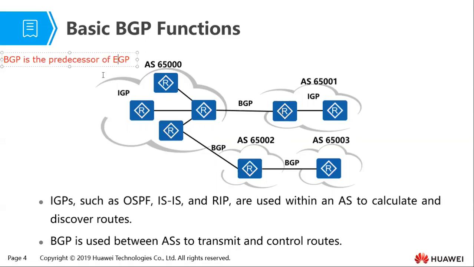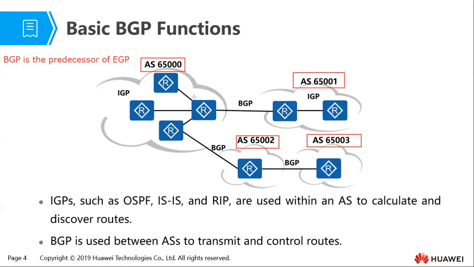EGP is an exterior gateway protocol that was used to share routes between autonomous systems. For example, here we have an autonomous system that has that number there. We have another autonomous system there, another one here, and another one here, like that.